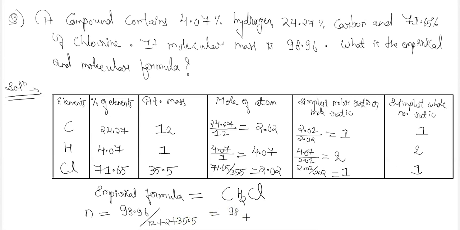So the value will become 98.96 divided by 14 plus 35.5, which is 49.5. Okay, so on dividing it, it will come about 2. Okay, so our answer becomes 2.